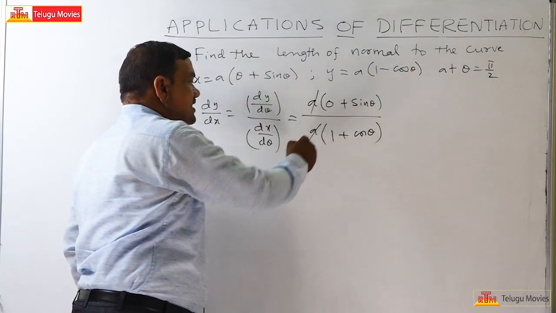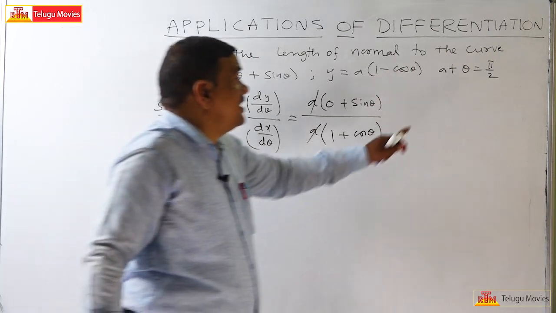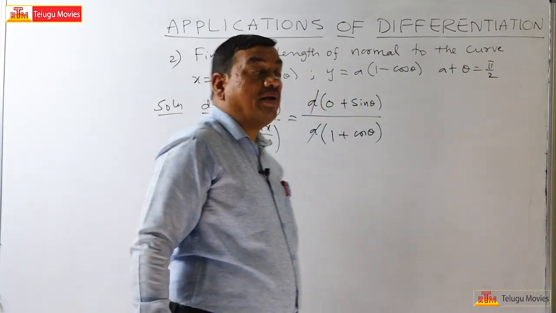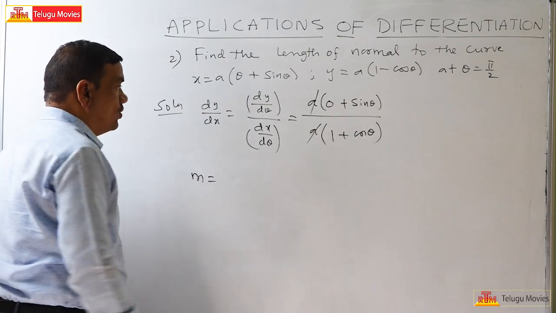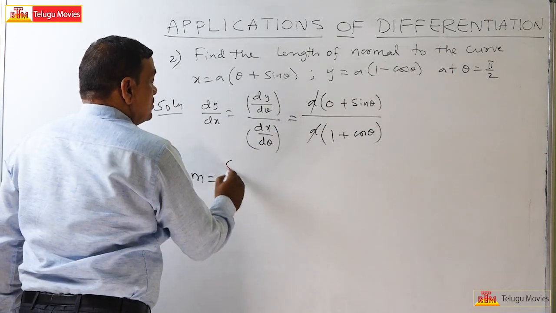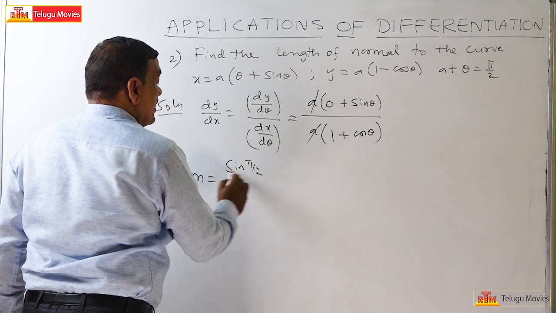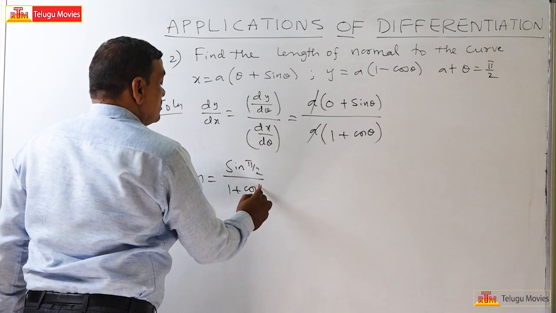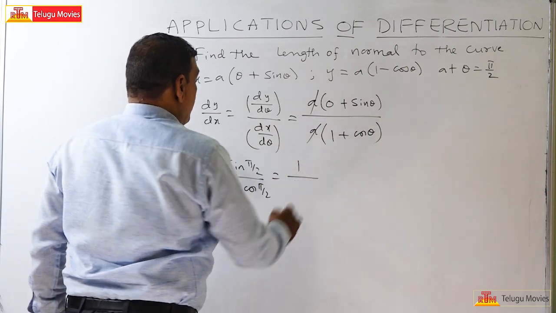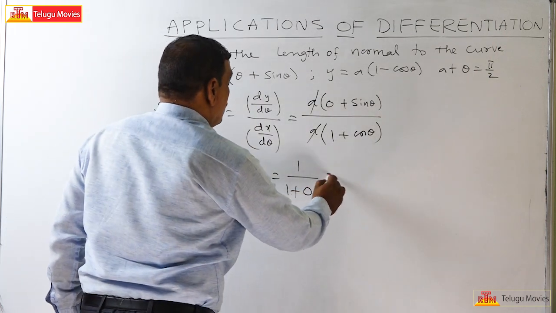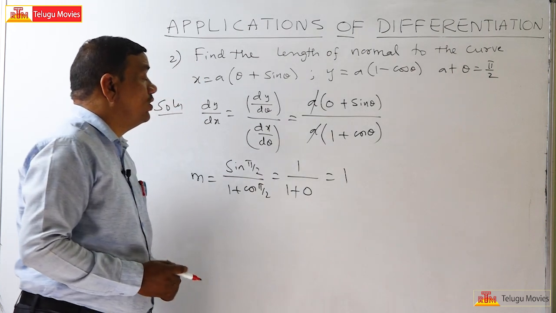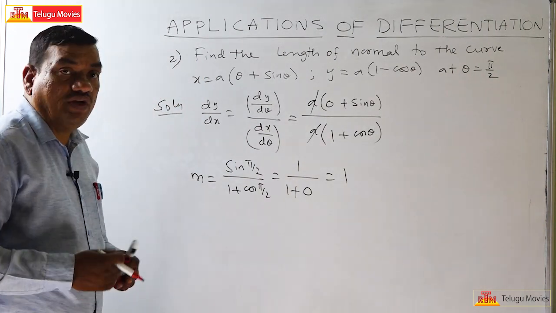So, let us cancel this. At θ = π/2, what is the slope of this tangent? m = sin π/2 divided by 1 + cos π/2. Sin π/2 is 1, cos π/2 is 0, so m = 1.